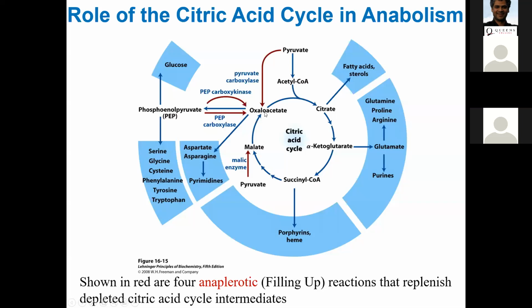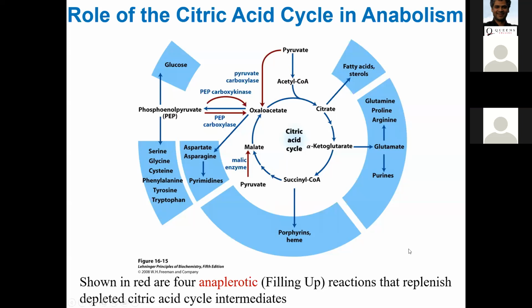So that's the other reaction that is an anaplerotic reaction. And then finally, the malic enzymes, where you can take pyruvate and convert it to malate, right?